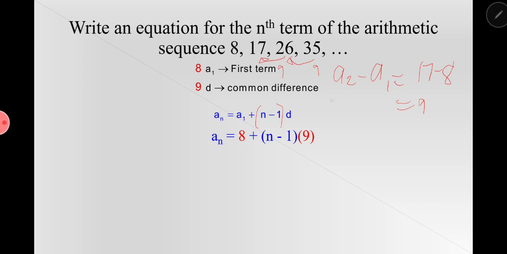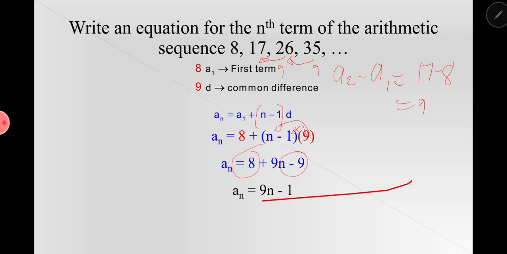So, distribution property. So, 9 times n at saka 9 times negative 1. So we have 8 plus 9n minus 9. So we combine like terms. So 8 minus 9, we have negative 1. So a sub n is equal to 9n minus 1.